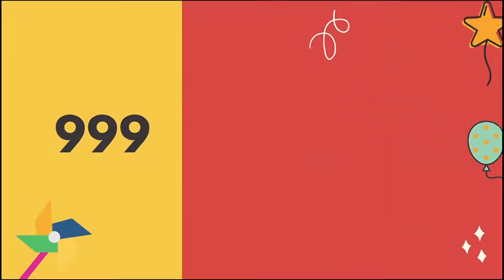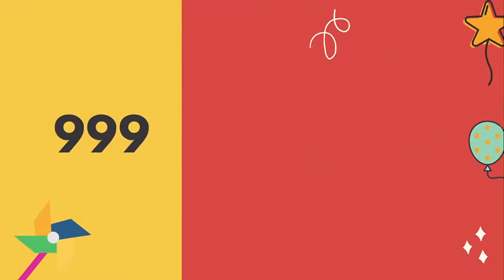Let's see one more example. This numeral is 999. Let's see the place of each digit. Ones, tens, and hundreds. Perfect.